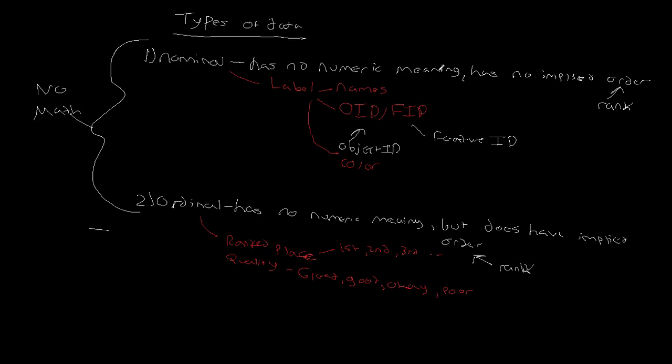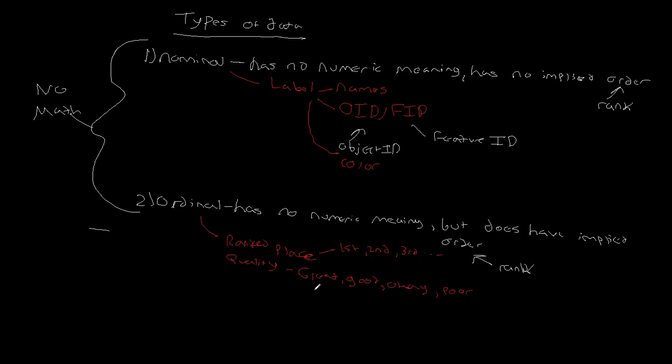Right? I already said has no numeric meaning. What that means is you can't do math, right? You can't subtract, you can't add, you can't multiply, you can't divide, right? Even if we were to take great, good, okay, and poor, and we were to code them, which would mean give them a numeric value.